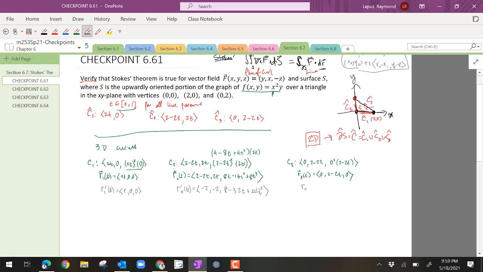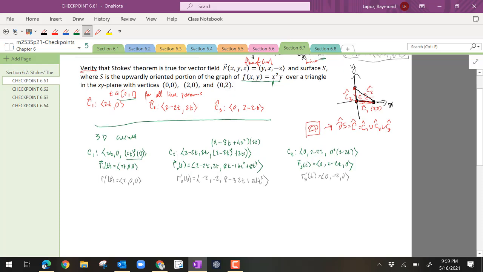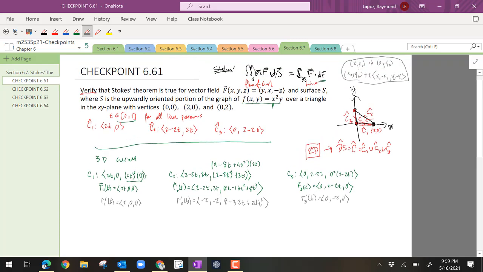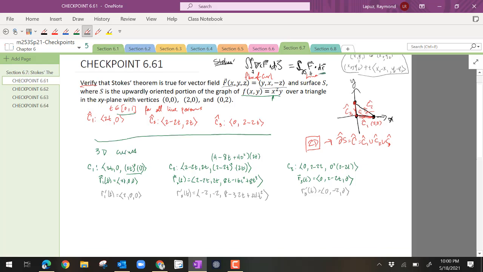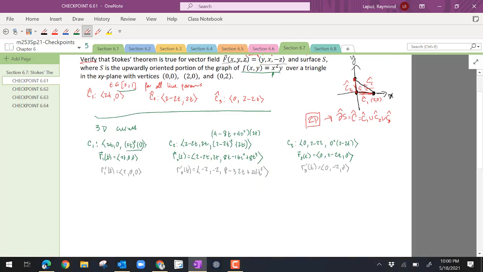And then the last one, R3 prime, is going to be 0, negative 2 comma 0. All right. Now the other thing that we'll need is to evaluate the vector field using each parameterization. So let's do that.